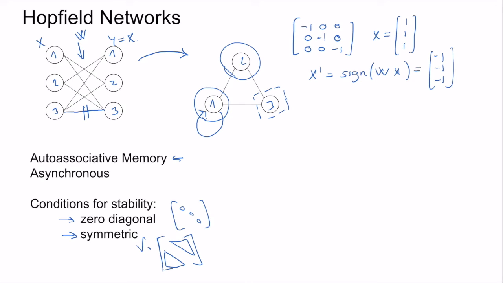And if I do this again, X2 is going to be equal to sign of W times X1, and that will be equal to 1, 1, 1. So my model is just going to cycle and be flipping between these two states, -1, -1, -1, and 1, 1, 1.